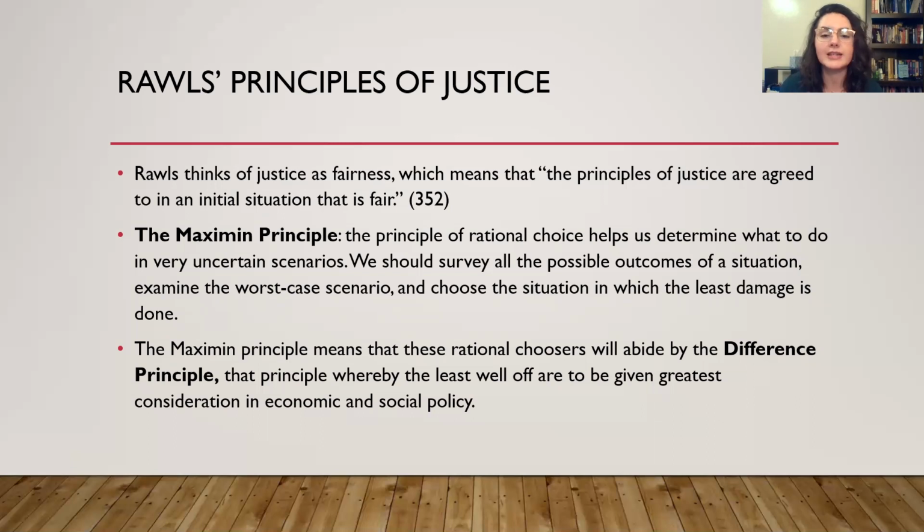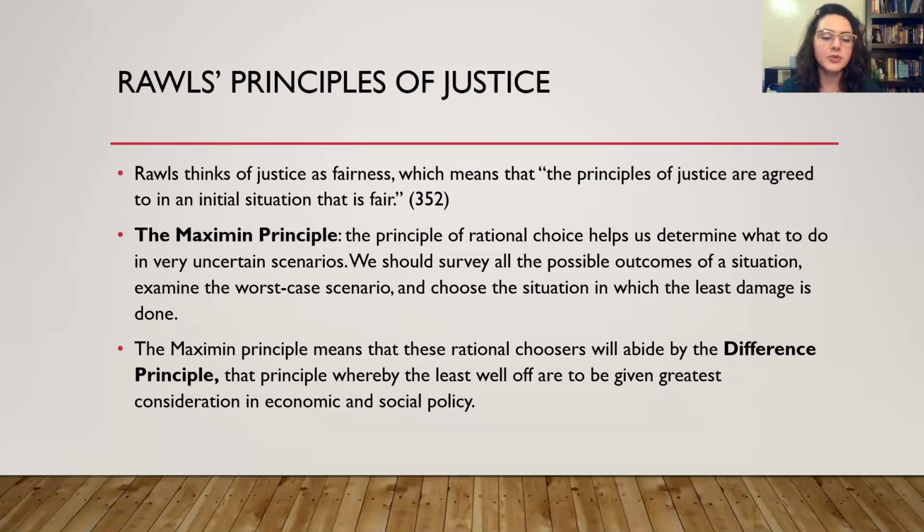And so this is the idea behind the maximin principle. It's saying that in a worst case scenario, you want to pick that situation in which the least damage is done, or to put it a little bit more generally, you would choose that scenario within a society that would harm the worst off the least. Because think about it, that worst off could be you.